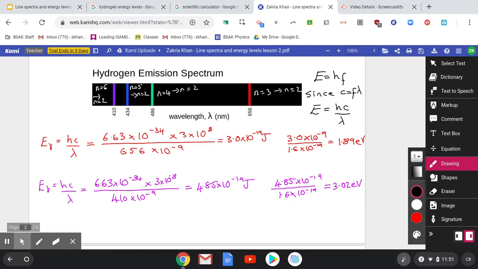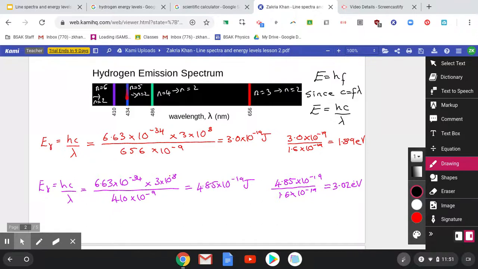We've just worked out a wavelength for when an electron de-excites from n equals 4 to n equals 2 and releases a photon. And we worked out the wavelength of that photon to be 486 nanometers. Now, just by looking at each one, we can figure out the one in between.